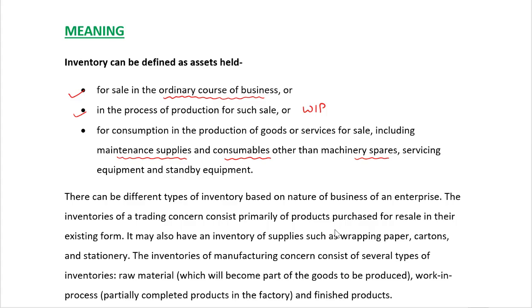How come? Because the machinery spares are capitalized to the machinery, equipment and standby equipment. Over here we are talking about raw material. For sale we are talking about finished goods. I believe you understood.